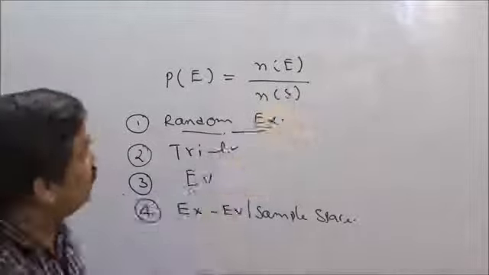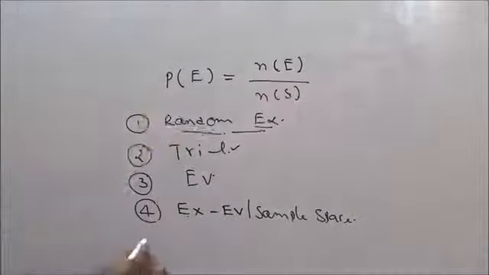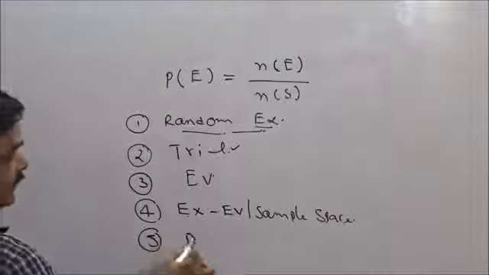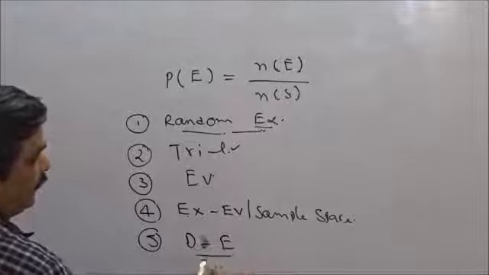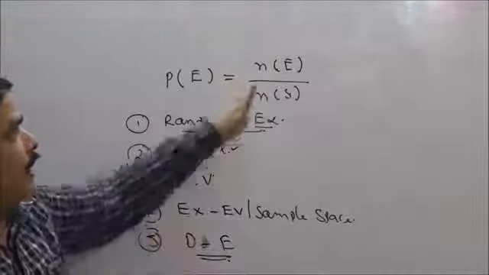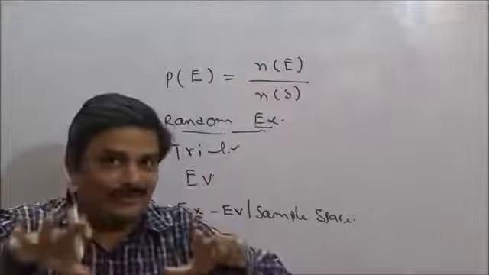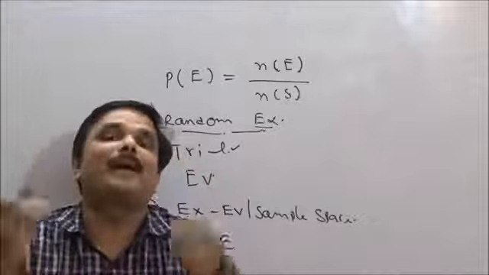Alright, the next one is this one. What is that? Desired event. Right. So desired events or desired outcomes are nothing but the outcomes which we expect, right?